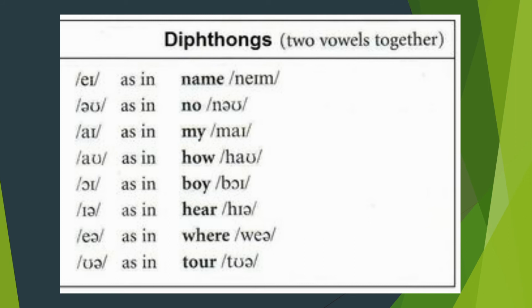Third one is I, example my, my. Third one ow, in the words HOW, how. Next example oi, BOY, boy.